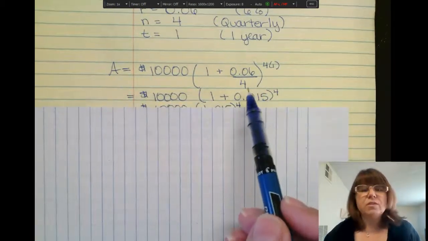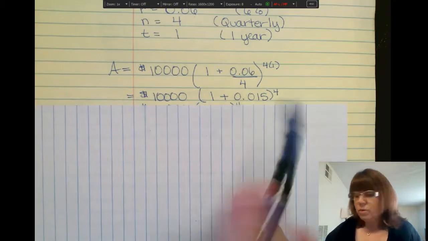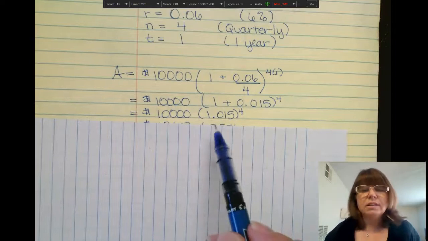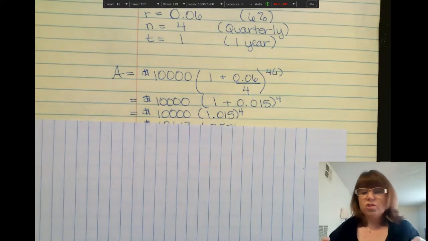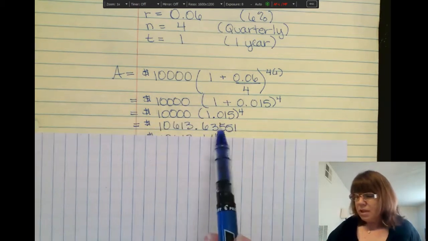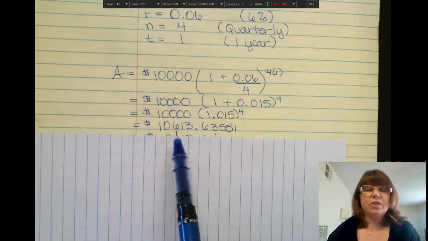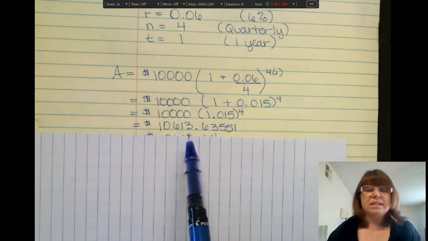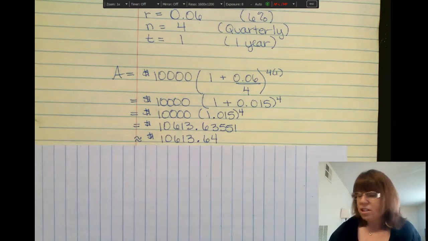Now 0.06 over 4 is just 0.015. Add 1 to it, so you have 1.015, all raised to the 4th power. You're just going to use your calculator to do this. Multiply that by 10,000 and you get 10,613.63551 or thereabouts, and we're going to round it to the nearest cent.